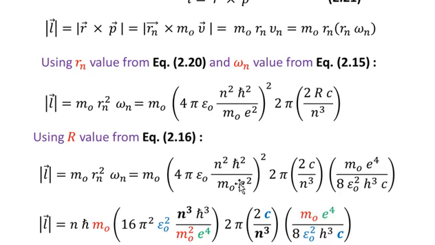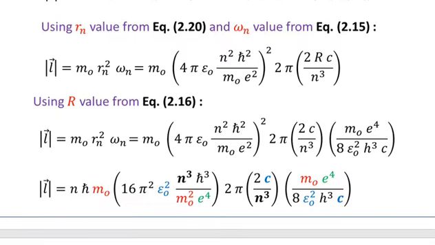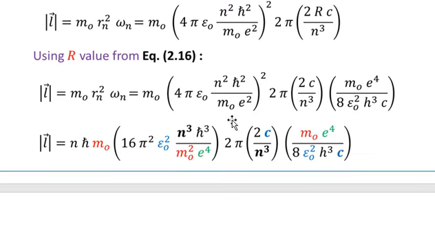Having substituted all these values, that is the value of Rn squared, the value of omega n, and the value of R, I have written this expression in the following form with different colors. This is the same expression but with different colors. The only difference is that from this squared term, I have taken n and h bar outside the parenthesis. You can see over here that the mod of L is equal to n h bar.